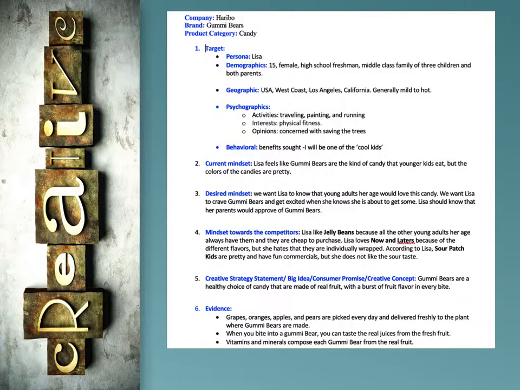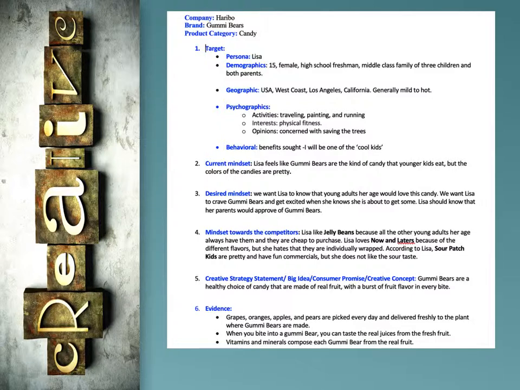So the first one, grapes, oranges, apples, and pears are picked every day and delivered freshly to the plant where gummy bears are made. So that is saying that supports the healthy choice of candy that is made with real fruit. And then the next one, when you bite into a gummy bear, you can taste the real juices from the fresh fruit.